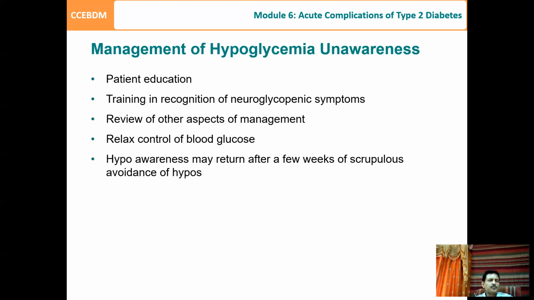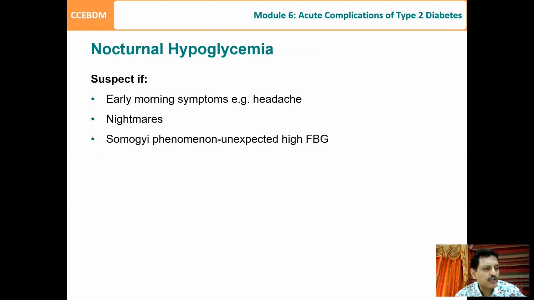If we avoid hypoglycemia for 2 to 4 weeks, there will be a gradual return of hypoglycemia awareness. The patient can again have adrenergic symptoms, and this is quite safe. Otherwise, if the patient does not have adrenergic symptoms, they will land up directly in coma without going through the premonitory symptoms.